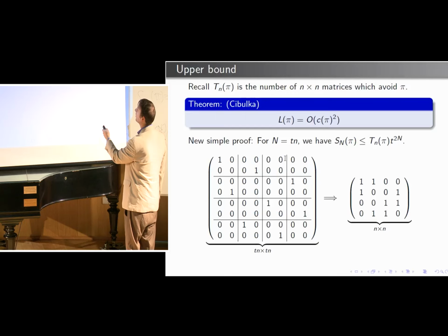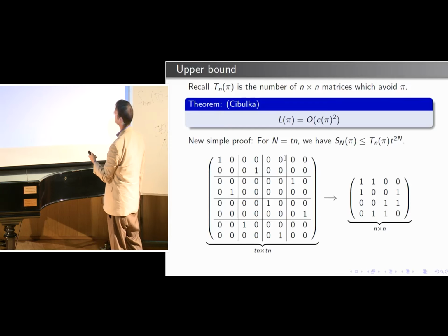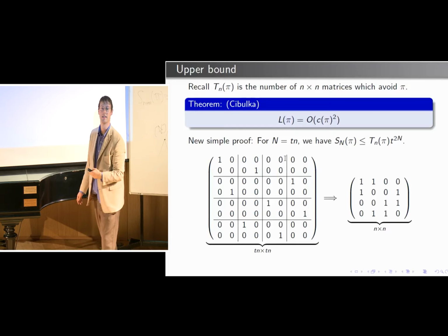So you have at most k squared choices for where to put the 1 in the first row. And that's true for every row. So for every row, there's going to be at most t squared places given this image for where to put the 1. And so therefore, there's going to be at most t to the 2 times big N choices for the pre-image. Is this clear?